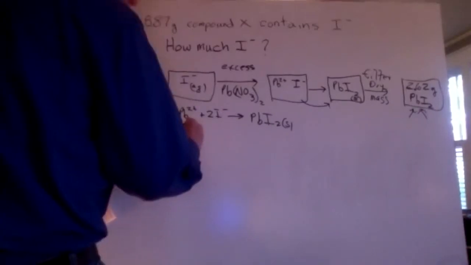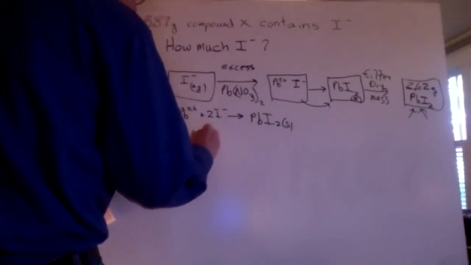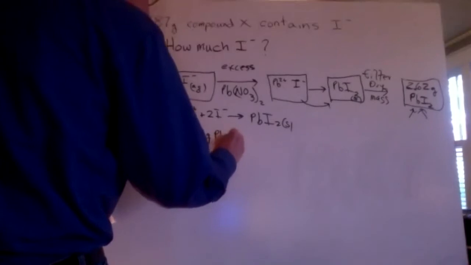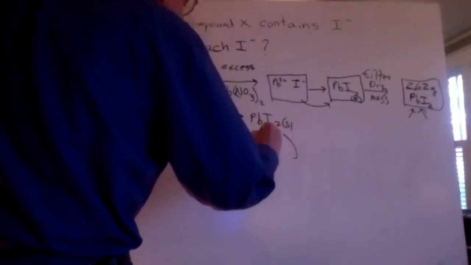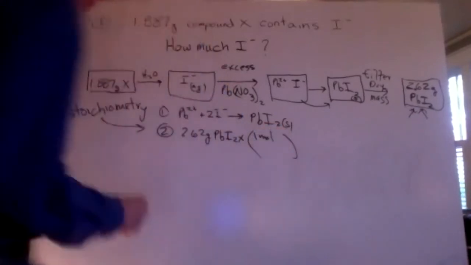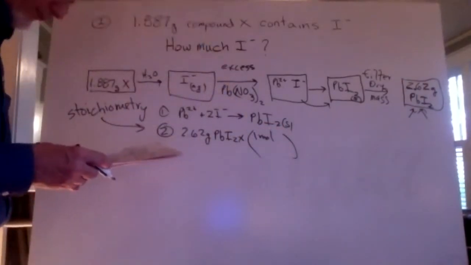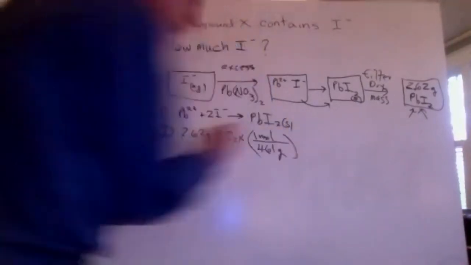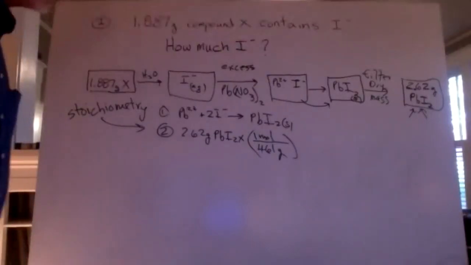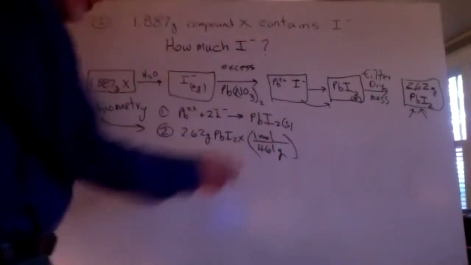So we take our 2.62 grams of PbI2, and we multiply it by the fact that there is 1 mole of PbI2 for every 461 grams. How do we get that 461 grams?